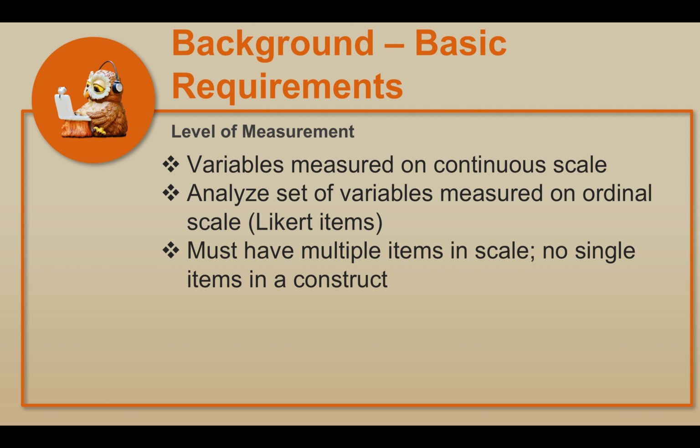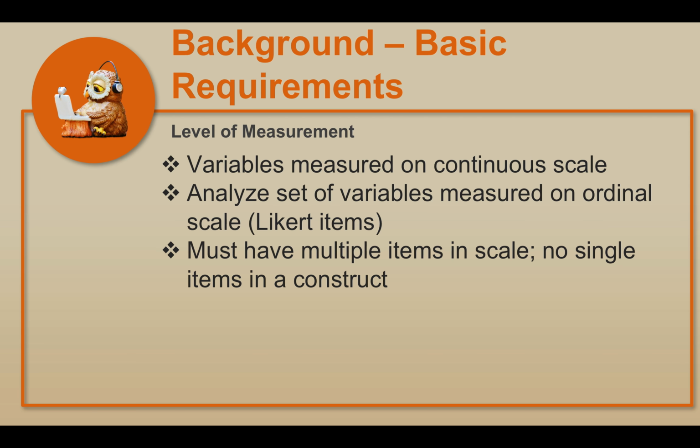And so what you need to remember is that to do a Cronbach's alpha, which is the most common type of reliability analysis in SPSS for survey instruments, you need to have all of the variables measured on a continuous scale. So they need to be either interval or ratio.